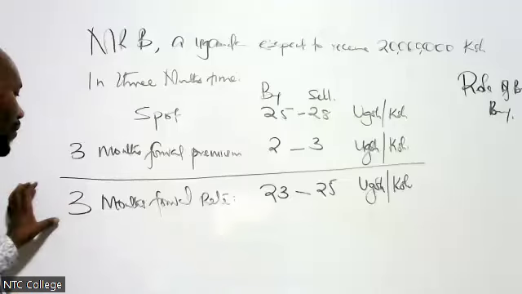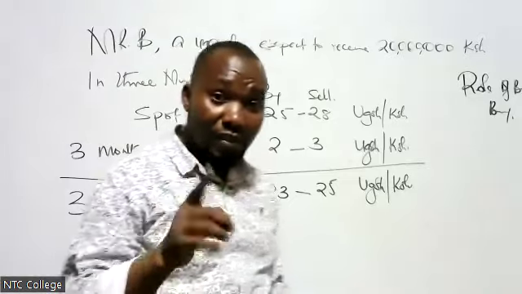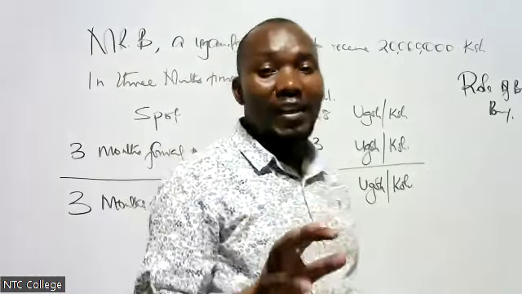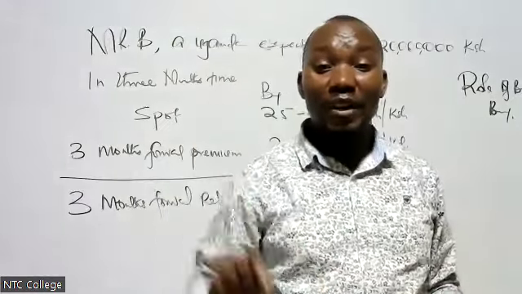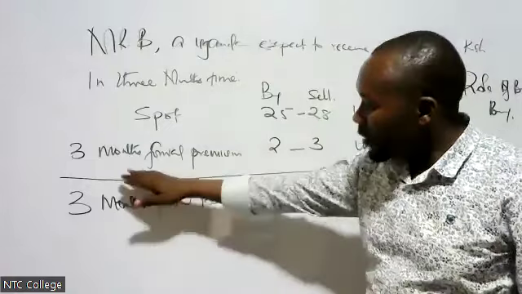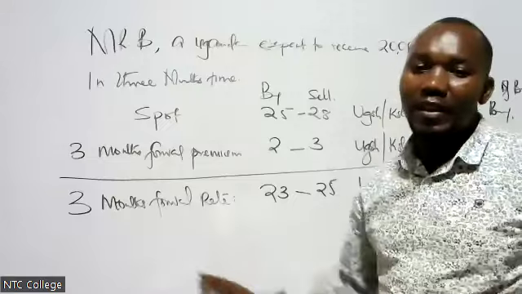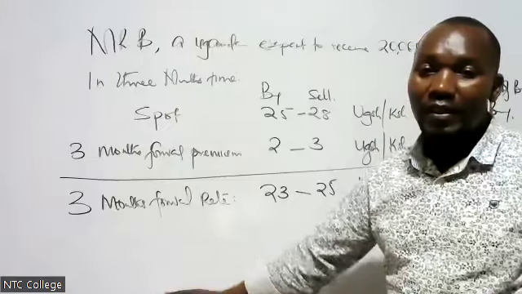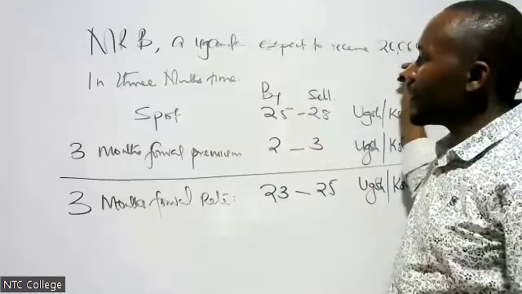If the examiner has given you the 3 months forward rate, fine. In some cases, the examiner can give you the 2 months forward rate, the 1 month forward rate, and the 3 months forward rate. Ask yourself, when is this person going to receive the money? 3 months.